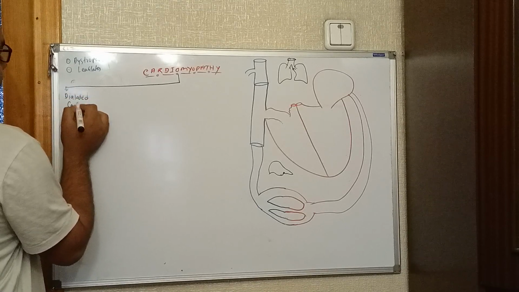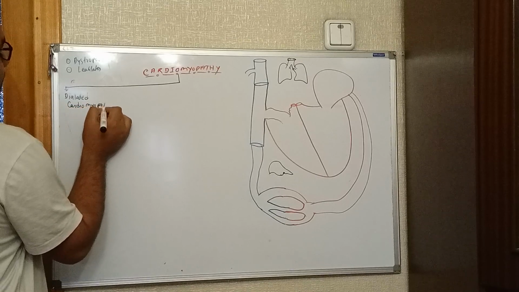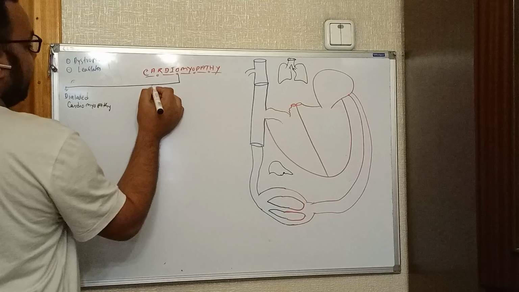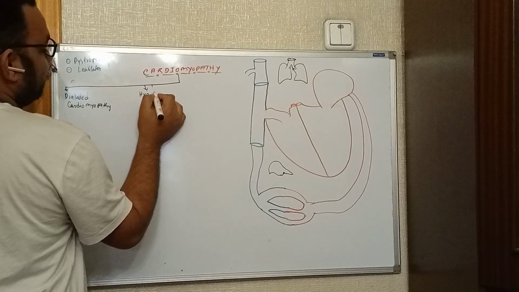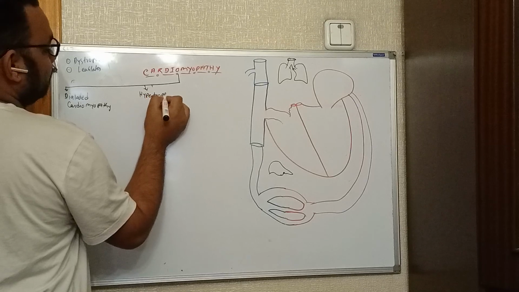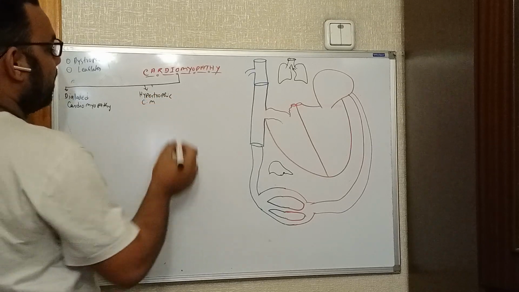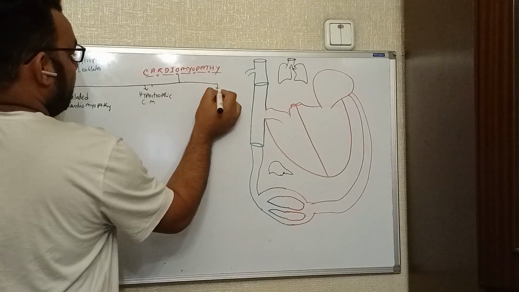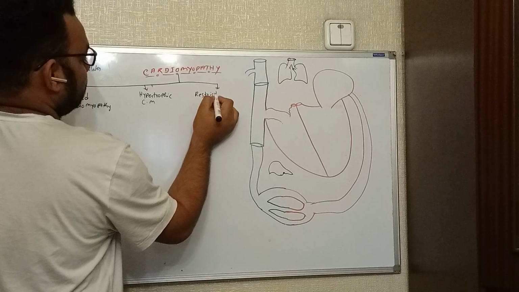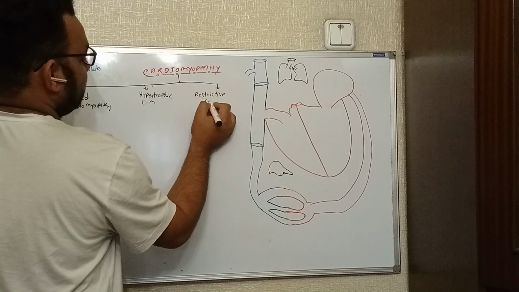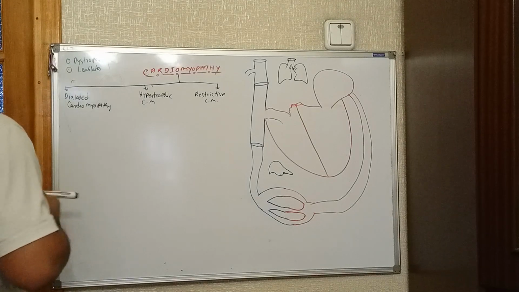And the second part we can write hypertrophic cardiomyopathy. I'm writing CM stands for the cardiomyopathy. Okay. And the last one is the restrictive cardiomyopathy. Okay. Now let's go step one by one.